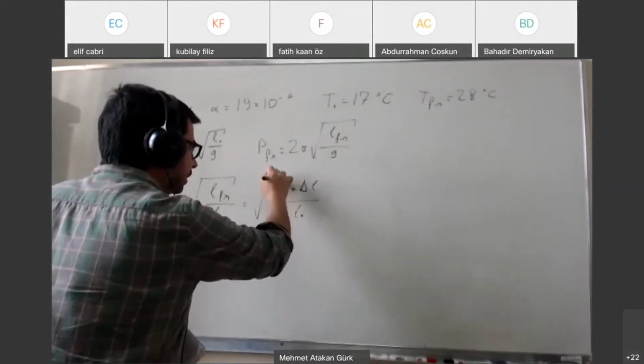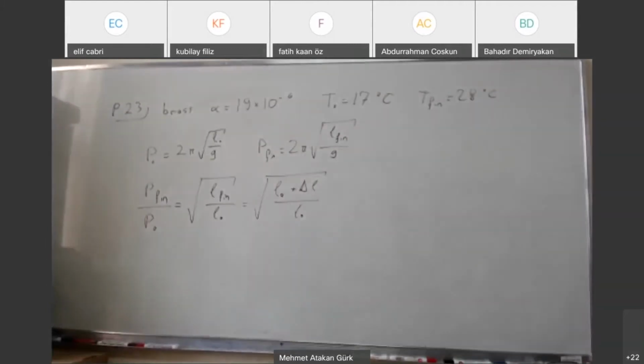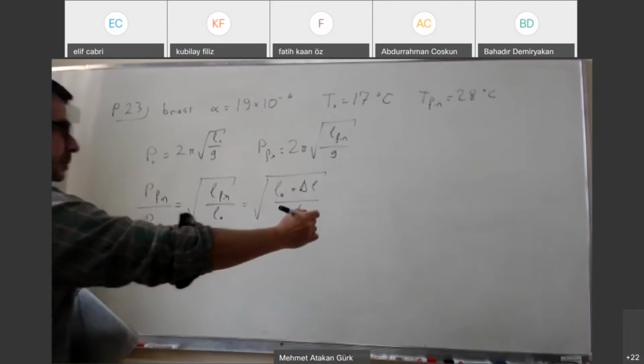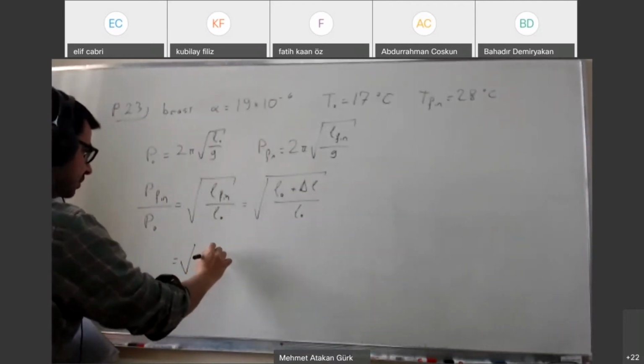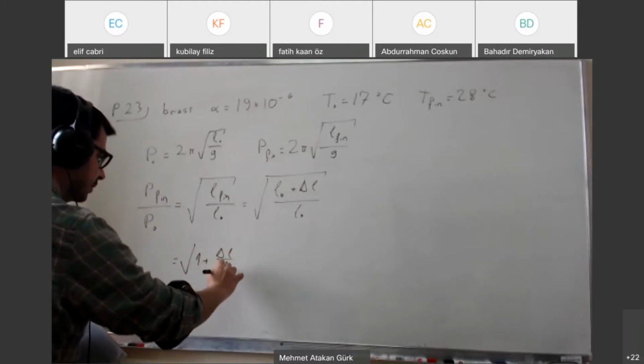There's a reason why I'm writing it this way, because I want to make an approximation. This is a general strategy: try to express things in as few variables as possible, in terms of the things you already know. So I can rewrite this as the square root of 1 plus delta L by L0.